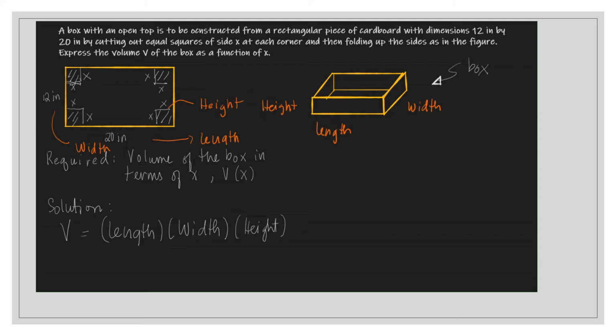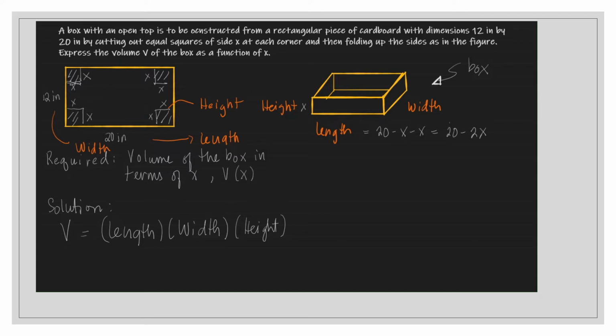Alright, now since the height of the box will be associated with the square taken out from the cardboard, we know that this will be x units long. On the other hand, the length will be associated with the 20 inches side of the cardboard. Since we will be taking out two squares from this side, the resulting length will be 20 minus 2x.